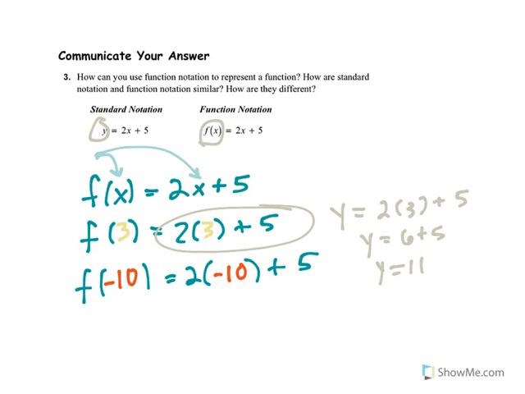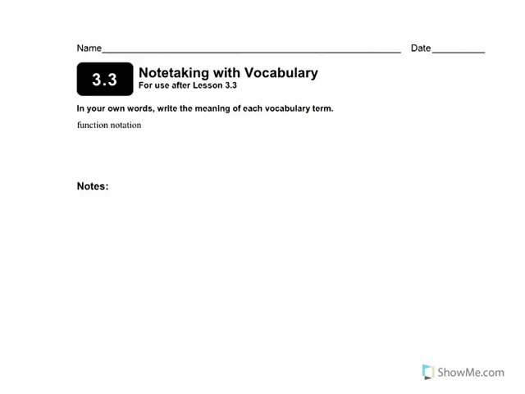Well, the function notation means you're putting in an input to get the output. So it could be that you do f of a squared equals 2 times a squared plus 5. Where your standard notation is kind of the same thing, but not really, you know? So it's kind of complicated, and you'll have to marinate on this for a little bit, but the more we practice, the better you'll get, okay?